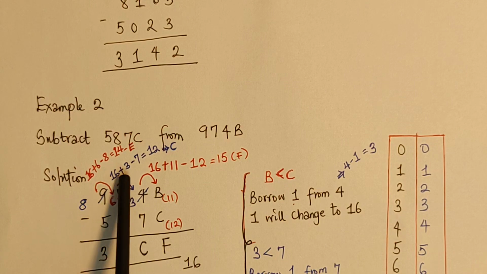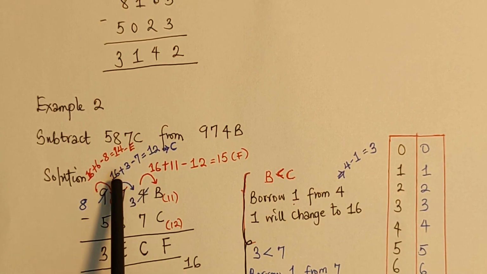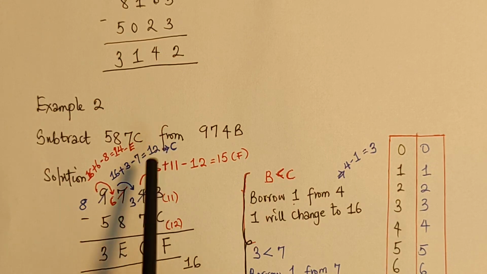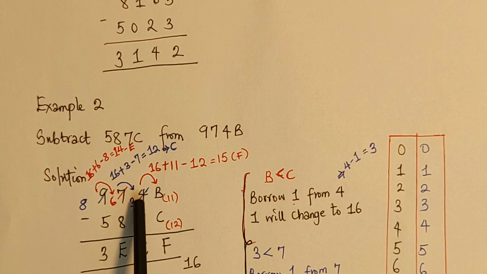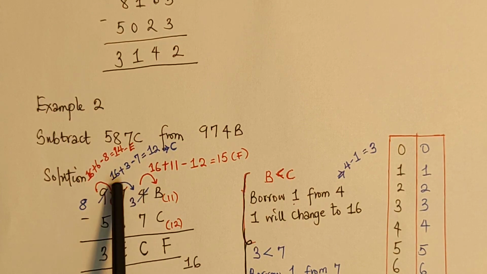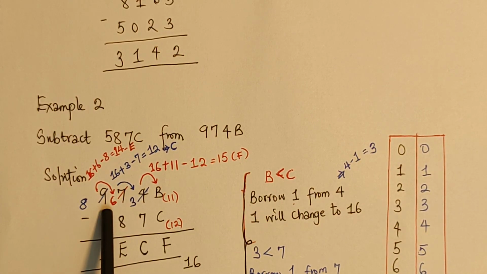We have to borrow another 1, which I have written with a blue ink to better explain what I'm doing here. Now, if you borrow 1, it becomes 16 in this value. But since you've taken 1, the new value here changes from 7 to 6. What does that imply? It means 7 minus 1 becomes 6.